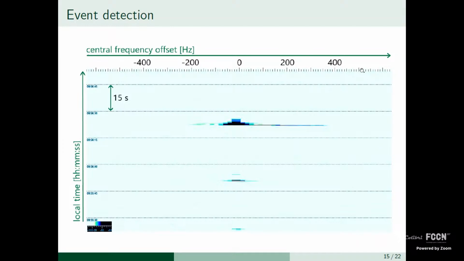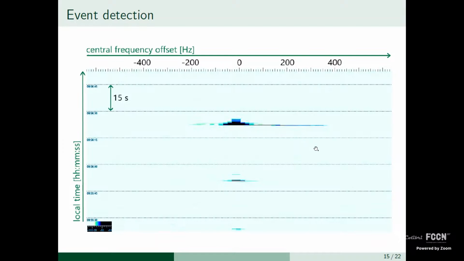These are higher frequencies, these are lower frequencies. On the vertical axis, we have local time. You don't really need to see these small numbers. I just put the difference between the two lines, so you can imagine how long the event that I detected is, around seconds, maybe.